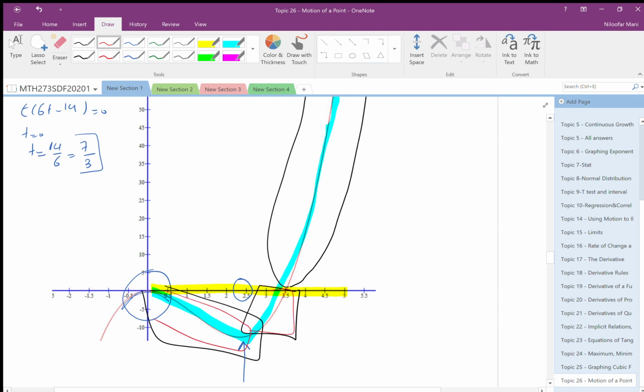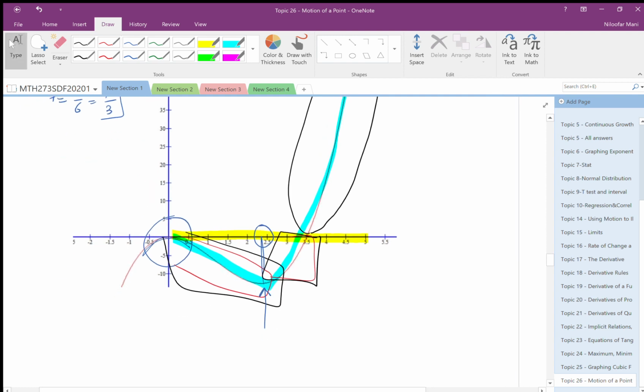Okay, so now I find the answer here, and this is the point where the minimum is happening, which is 2 point something, 2.3, which is here. And then I have to find S of 7/3 minus S of 0.